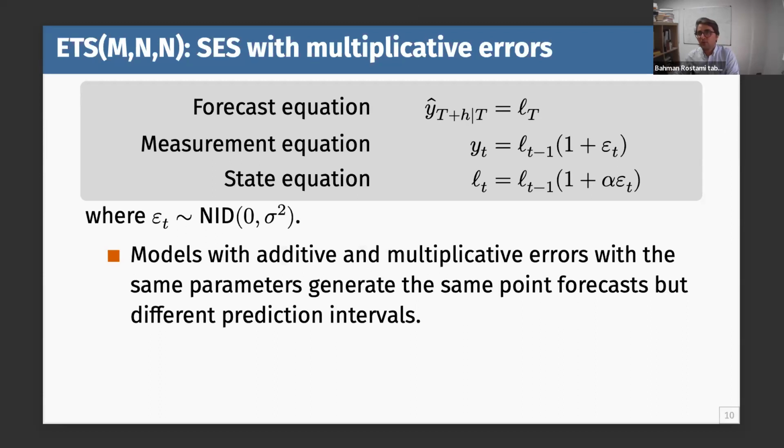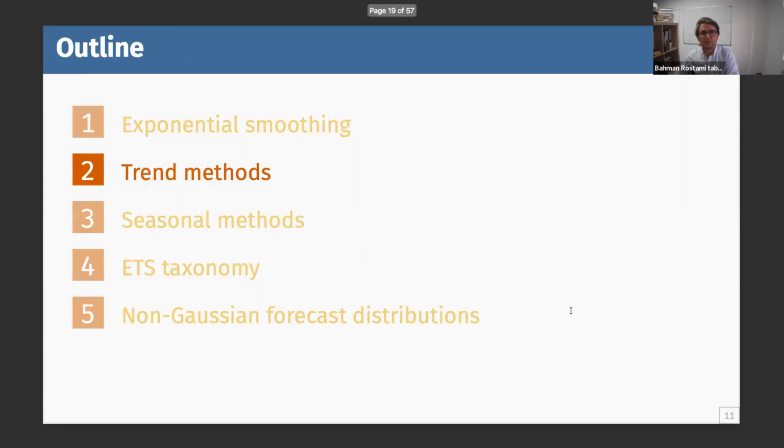One important observation: models with additive and multiplicative errors with the same parameters generate the same point forecast. However, the prediction intervals are different.